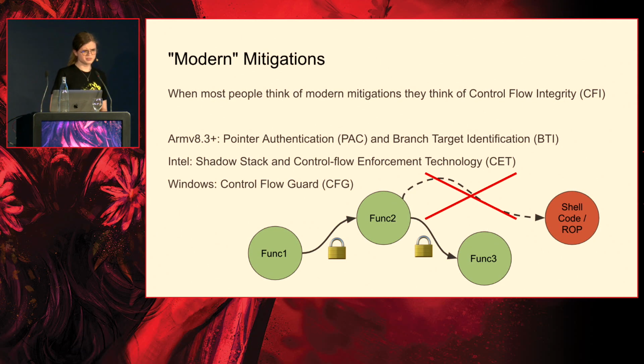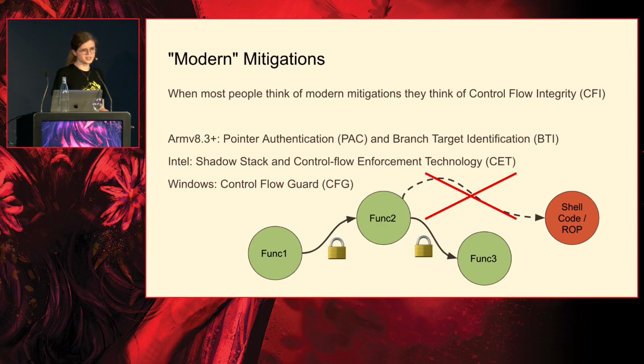And there's a couple of different flavors here. On newer ARM devices, we have pointer authentication, usually called PAC. And also, even more recently in the spec, we have branch target identification. These try to make it hard to call invalid pointers as well as making it hard to jump into code which should not be jumped into.